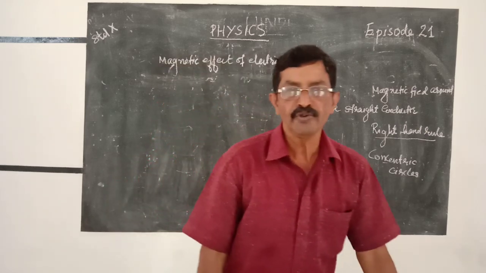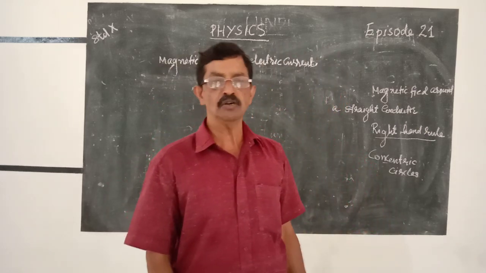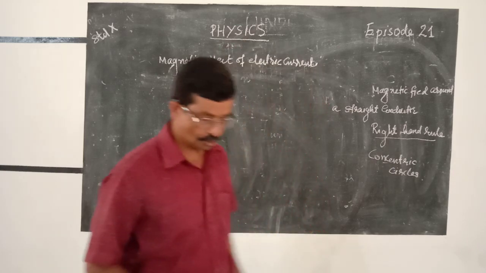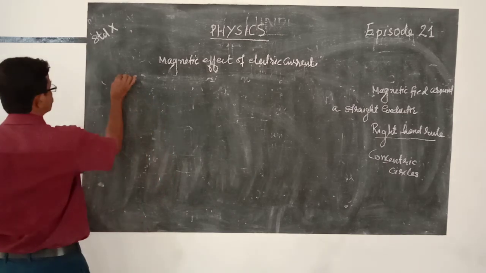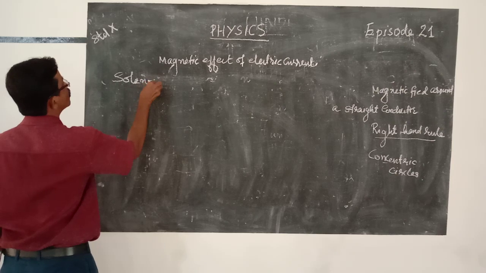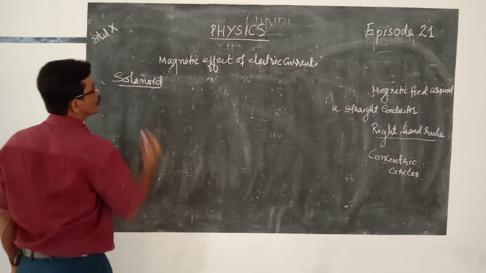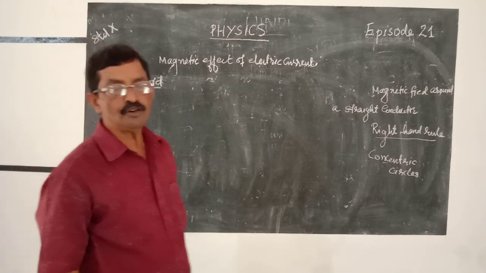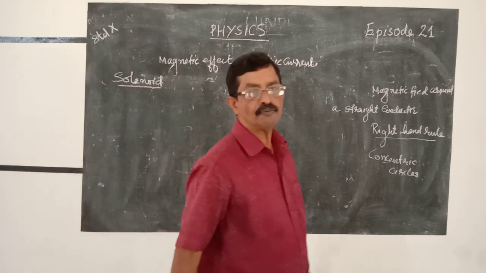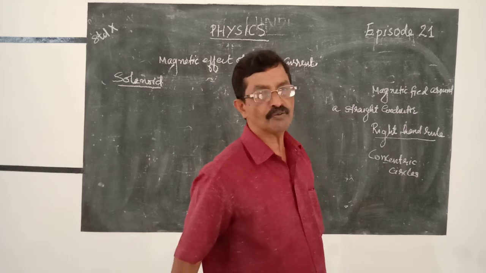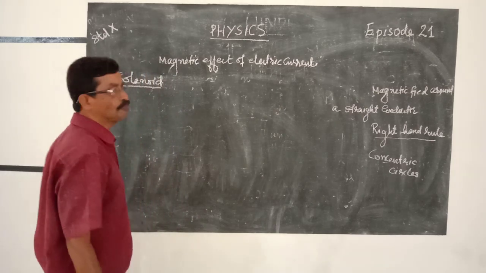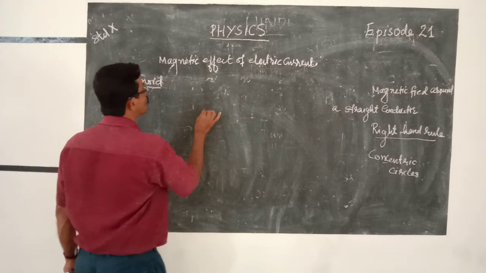Now we want to know about how the magnetic field is produced by a solenoid. A solenoid is a coil of insulated copper wire wound closely in the shape of a cylinder, that is in this manner.